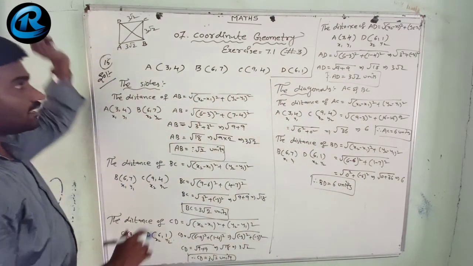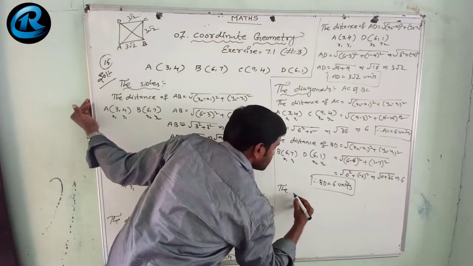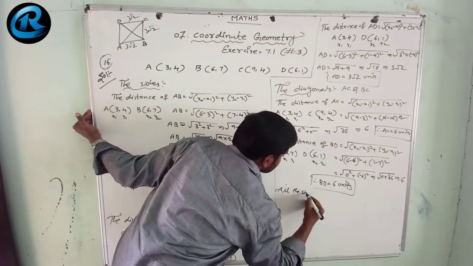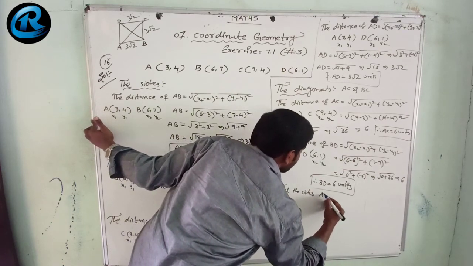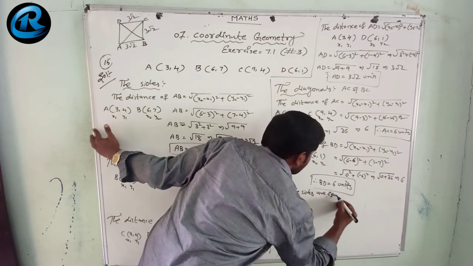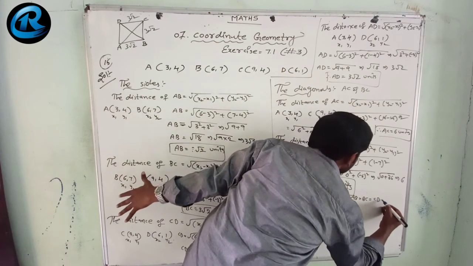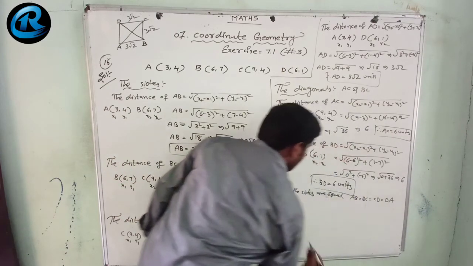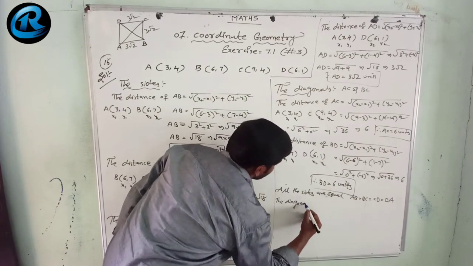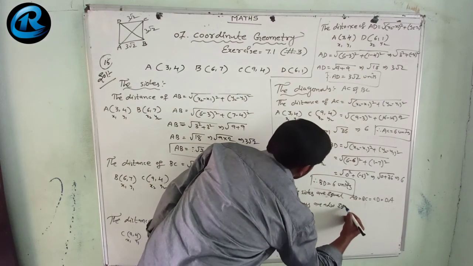So what we can say here, all the sides, AB is equal to BC is equal to CD is equal to DA, and the diagonals are also equal.